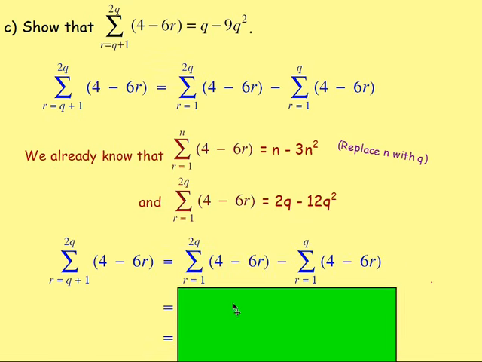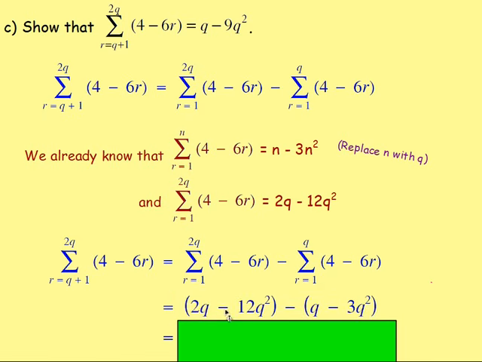So this sum going from 1 to 2q is just 2q take away 12q squared, what we got in part B. And the sum going from 1 all the way up to n is n take away 3n squared, but we don't have n this time, we've got q. So it'll be q take away 3q squared.